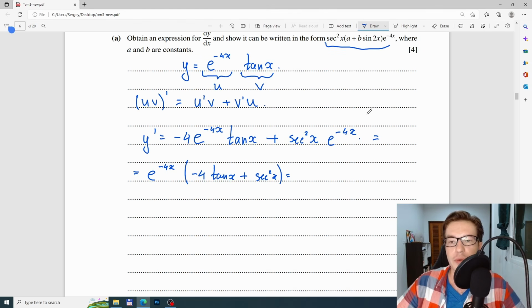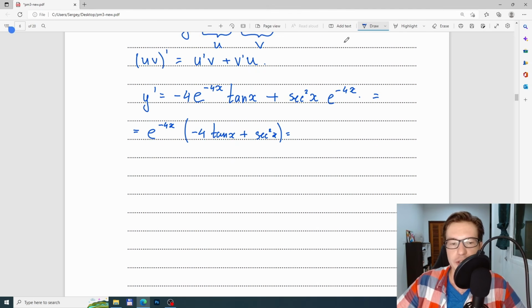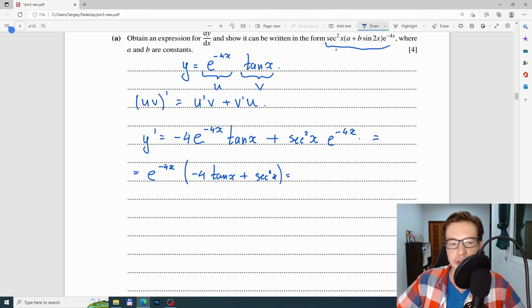Okay, and also if we look at this form, secant squared x should be outside of the bracket, so let's also bring it outside, and we'll get e to the power of minus 4x times secant squared x. Now, in the bracket, we've got minus 4 tangent x over secant squared x.